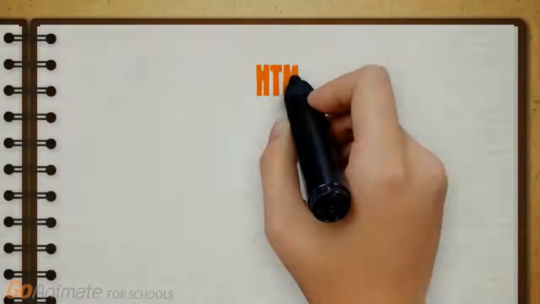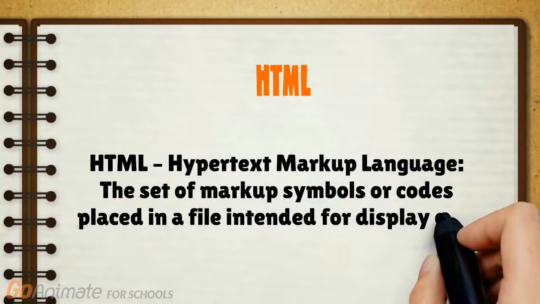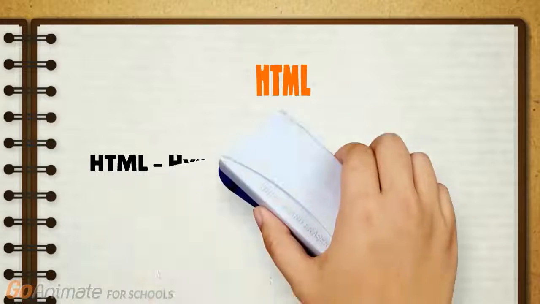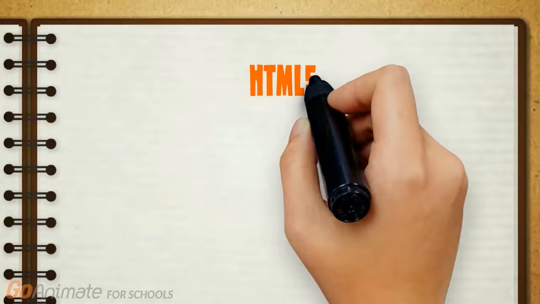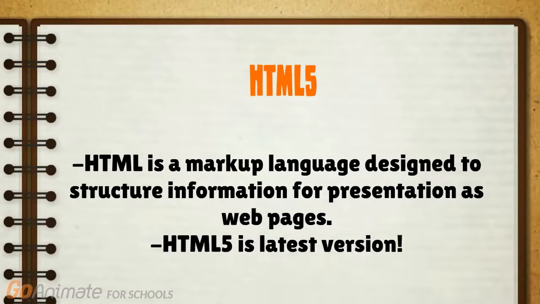Let's see common client-side technology, HTML, hypertext markup language, the set of markup symbols or codes placed in a file intended for display on a web browser. HTML is a markup language designed to structure information for presentation as web pages. HTML5 is current version and it has changed the game of web world.